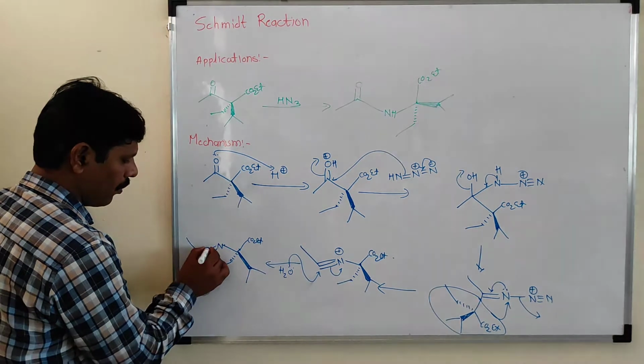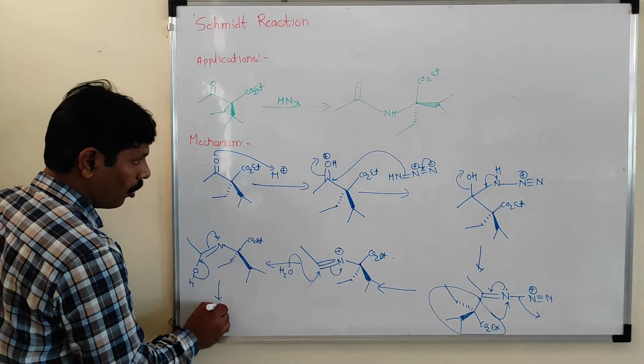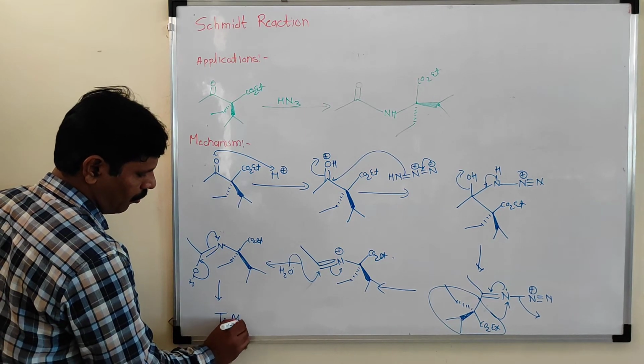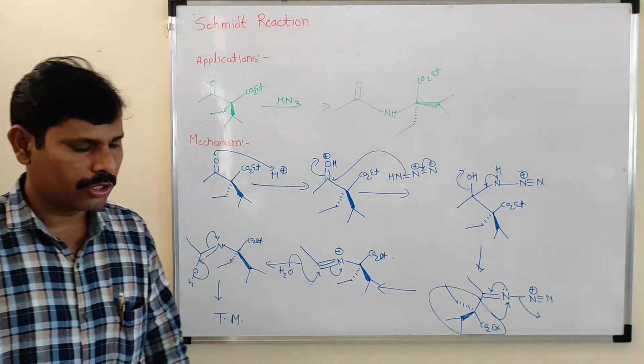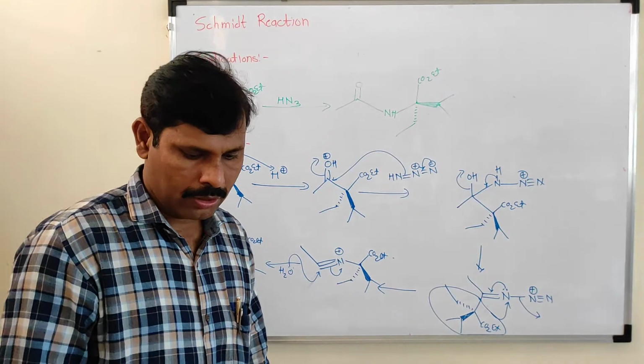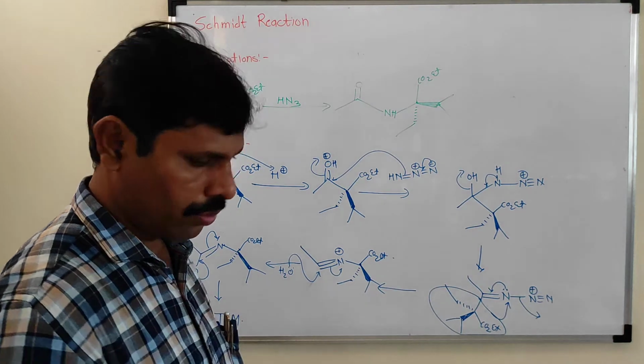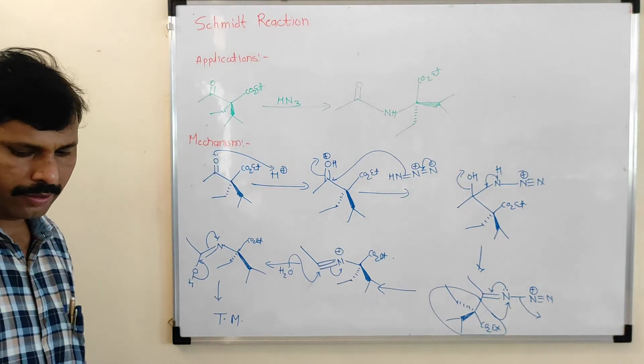Then it undergoes keto formation with the formation of the target molecule. This mechanism is applied for the conversion of that compound, conversion of ketone into amide.